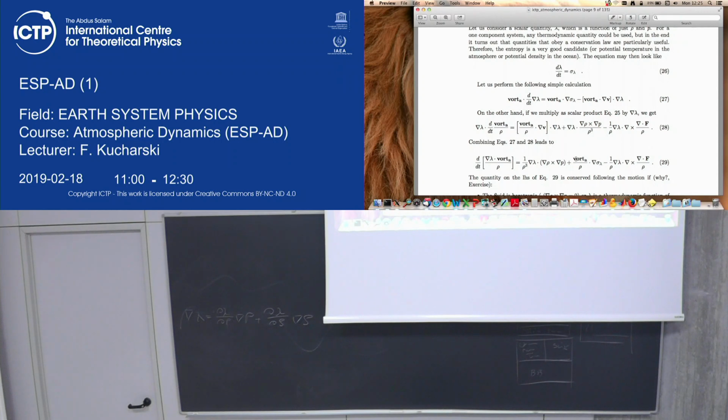So what we need additionally is that our quantity lambda is a quantity conserved following the motion. Then this term vanishes. And that our flow is frictionless. Then this term vanishes.